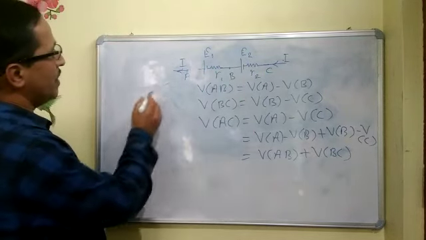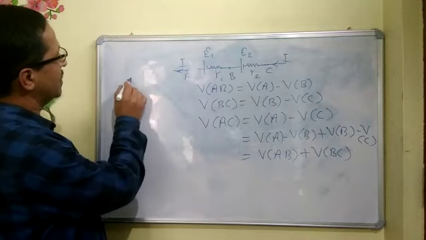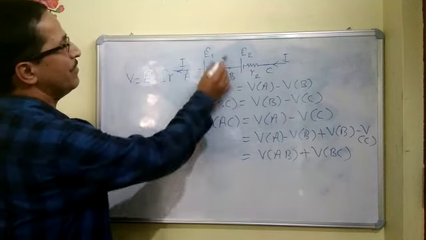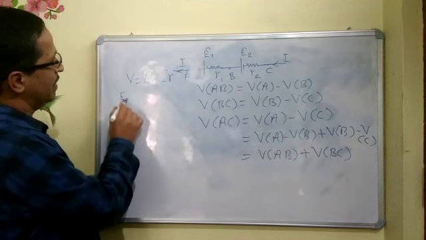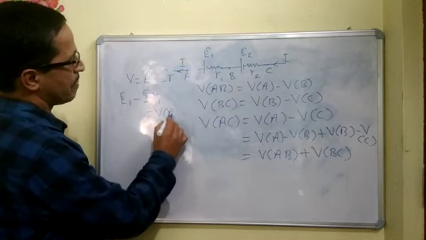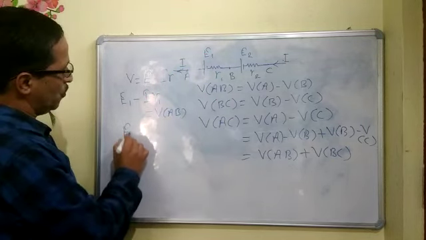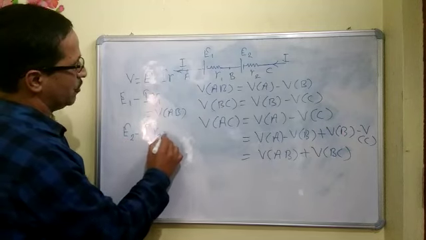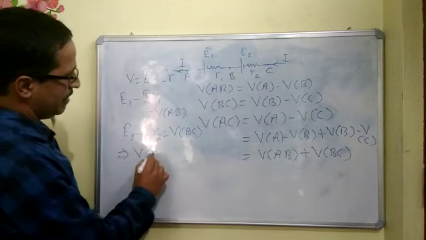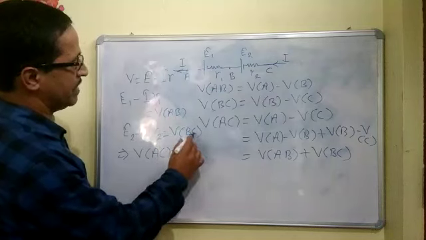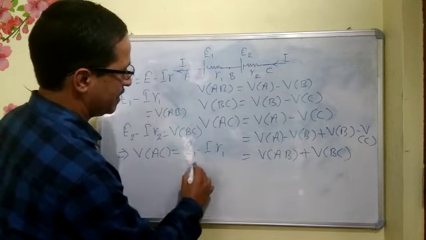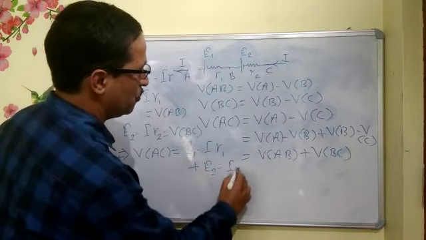So, if I is the current, then using the equation V equal to E minus Ir for the first cell, we will get E1 minus Ir1 is equal to VAB, and E2 minus Ir2 equal to VBC, so that VAC is equal to VAB plus VBC, which is equal to E1 minus Ir1 plus E2 minus Ir2.